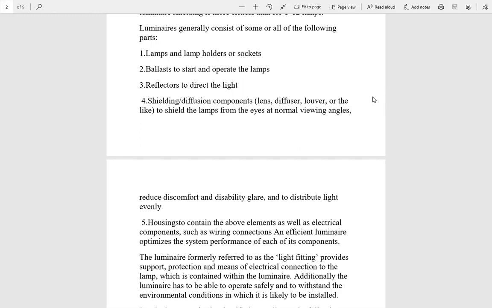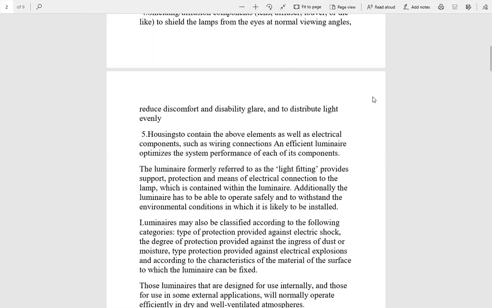Housings to contain the above elements as well as electrical components such as wiring connections. An efficient luminaire optimizes the system performance of each of its components.